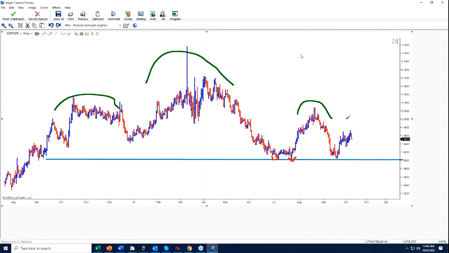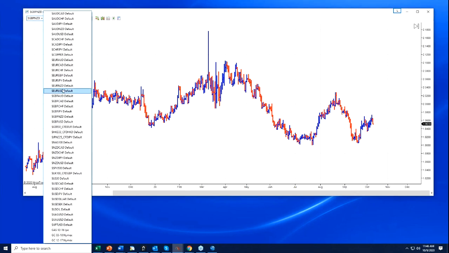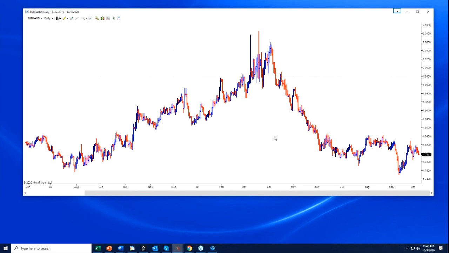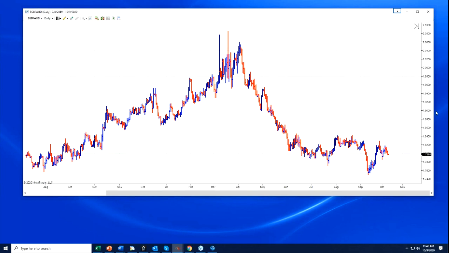So if you're long, I would just kind of get out and reassess. Pound Australian is starting to roll over too and look pretty ugly here.